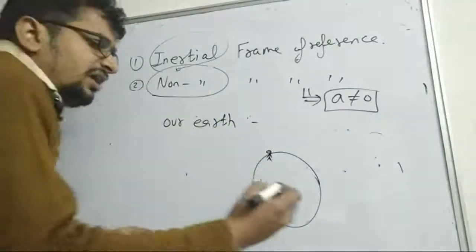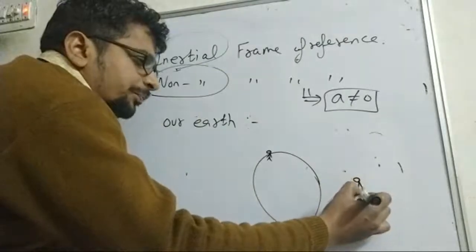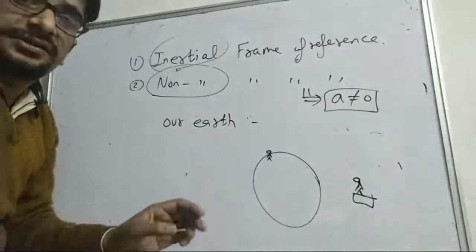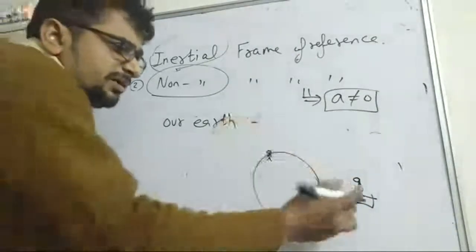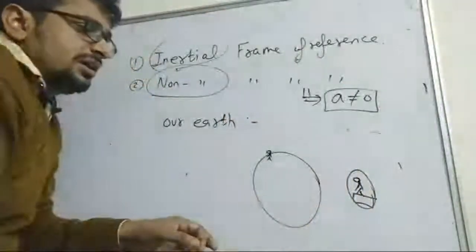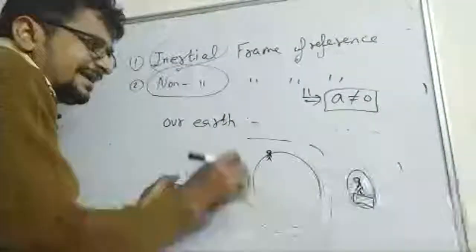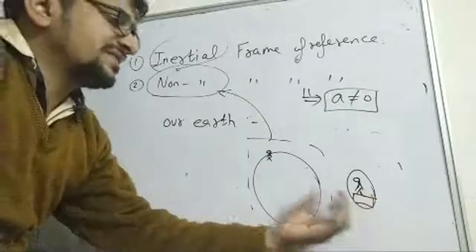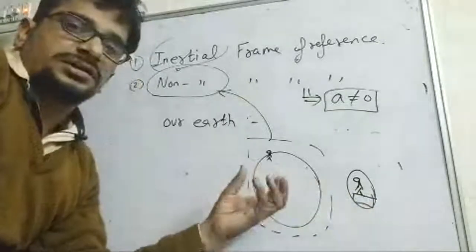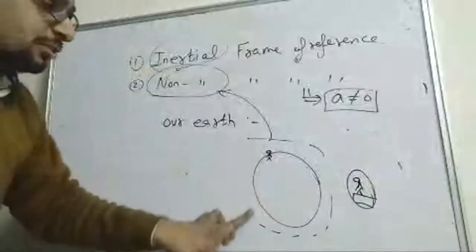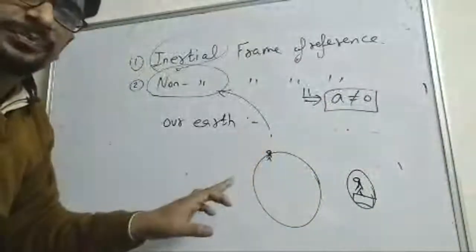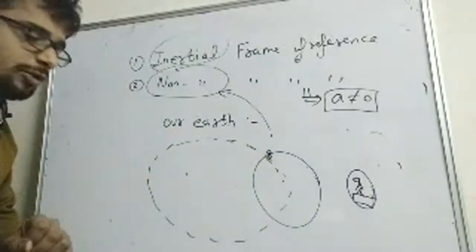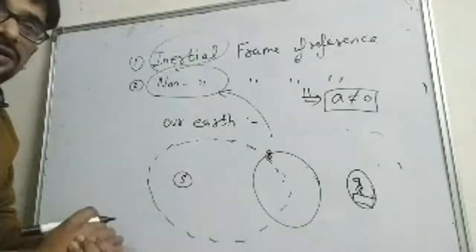But if an observer is in vacuum, say in a satellite, for this person outside the earth it is a non-inertial frame of reference, because he will see the spinning of the earth. So there must be acceleration of the earth during the revolution in the orbit around the sun.